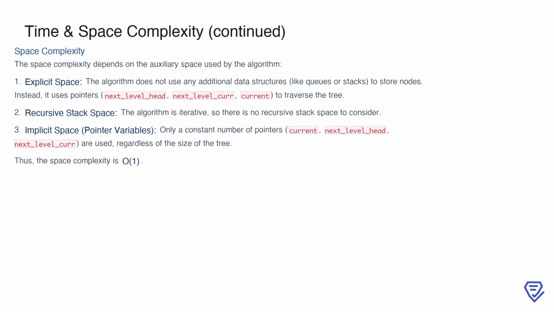Additionally, since the algorithm is iterative and not recursive, there is no recursive function call stack to account for. The use of a constant number of pointers means that the space usage remains fixed, irrespective of the tree's size. Thus, the algorithm achieves an optimal space complexity of O(1).